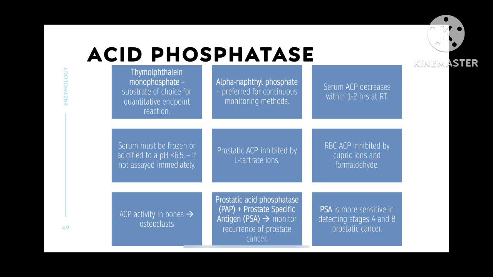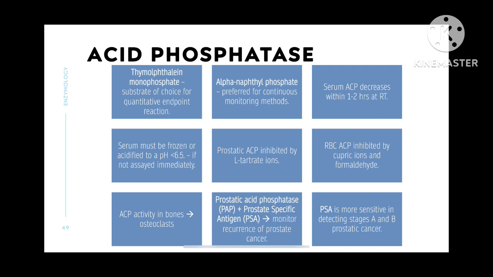One of the most specific substrates for prostatic acid phosphatase is thymolphthalein monophosphate. Chemical inhibition methods used to differentiate the prostatic portion most frequently use tartrate as the inhibitor. The prostatic fraction of ACP is inhibited by tartrate. Serum and substrates are incubated both with and without the addition of L-tartrate.